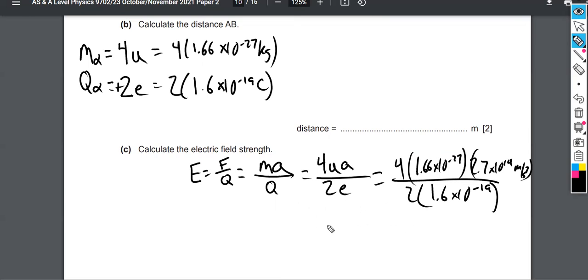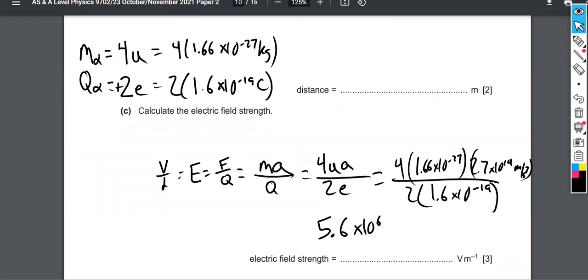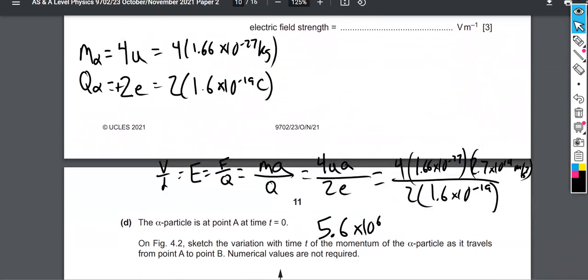And if you type all that in correctly, you should get 5.6 million. And then the units are either volts per meter, so voltage divided by distance is the other way to think about electric field, equivalent to a Newton per coulomb. So I think the units that they've got on the answer line are volts per meter, so it'd be 5.6 million volts per meter.